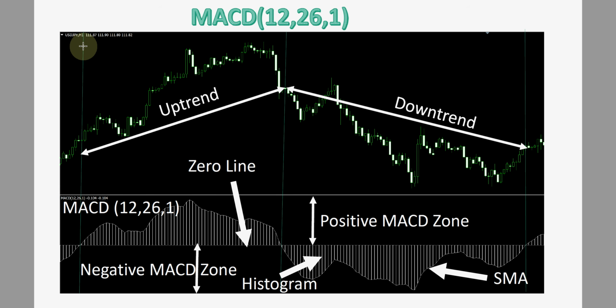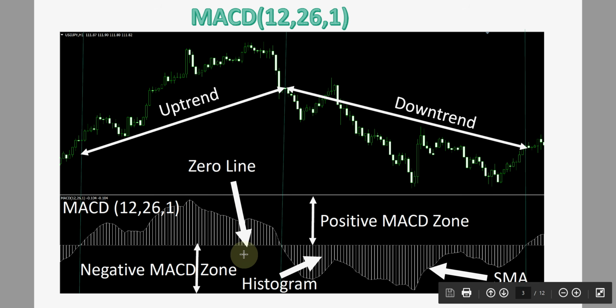So this is the first MACD setting that we will use. We call this one the big MACD, and we make use of a white color for it. The setting is 12, 26, 1. So you see it has the histogram as we have discussed, and the zero line.